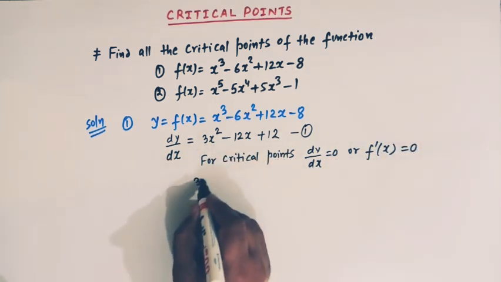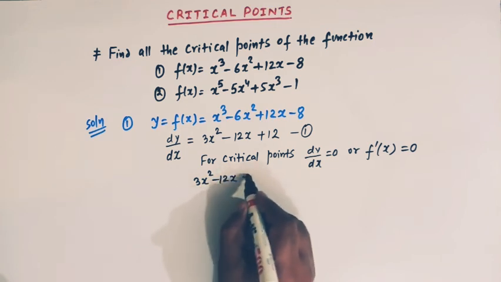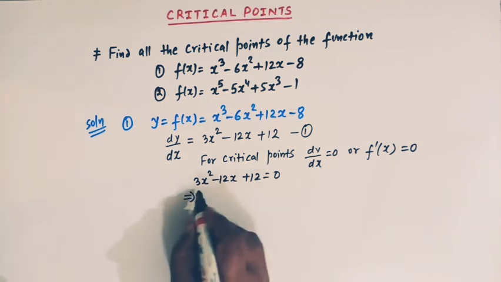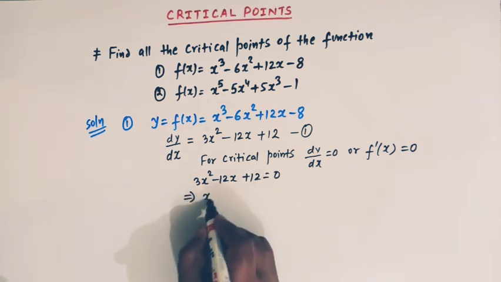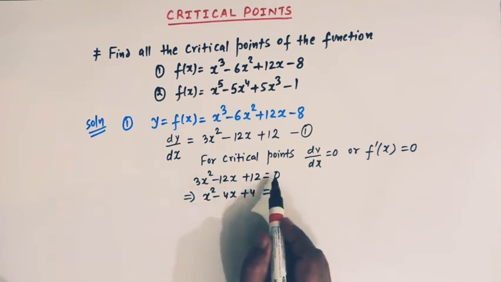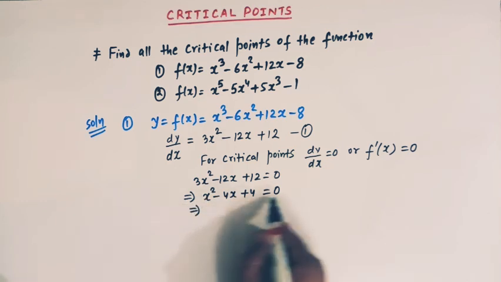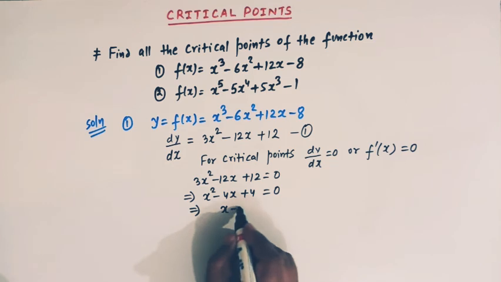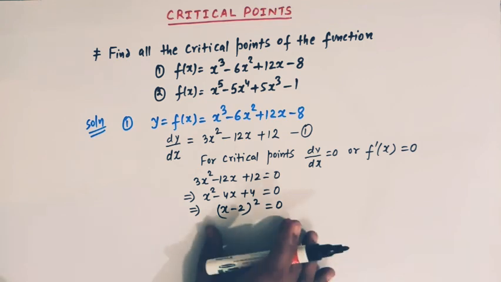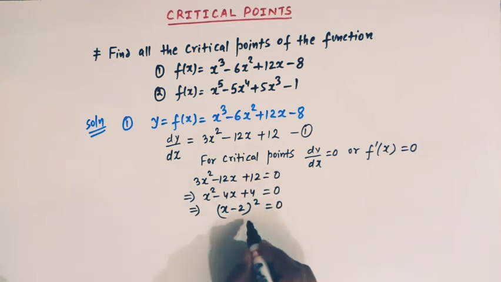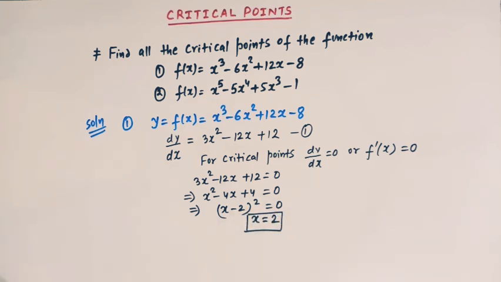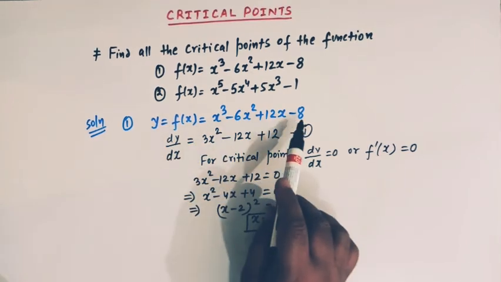So we have 3x square minus 12x plus 12 equal to 0, and this can be further simplified, dividing throughout by 3, as x square minus 4x plus 4 equal to 0, and we can write this equation as x minus 2 whole square equal to 0, right? Now if we solve this equation, we get x equal to 2. So x equal to 2 is the critical point for this function.